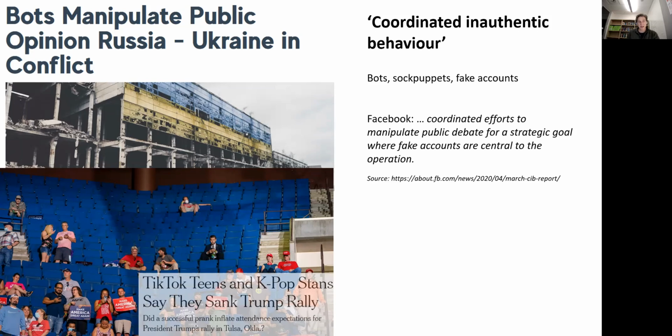The outcome was that although lots of tickets were sold or reserved to go to the rally, only a much smaller proportion of people actually turned up, because the K-pop fans, and I imagine a whole lot of other people on TikTok who were interacting with the K-pop fans, cottoned on and picked up some tickets for the Trump rally, and then obviously didn't show.